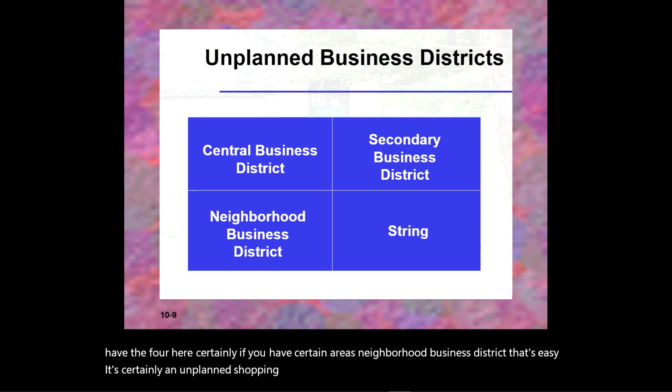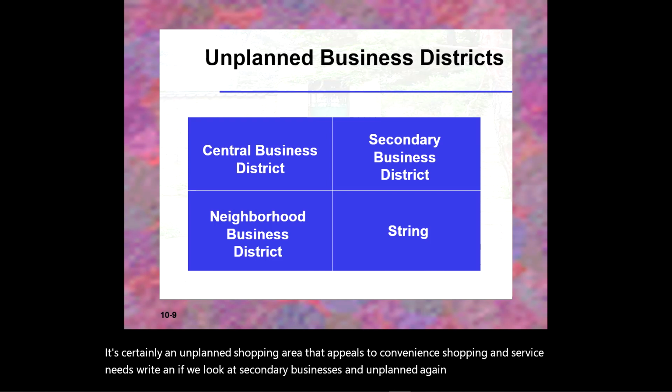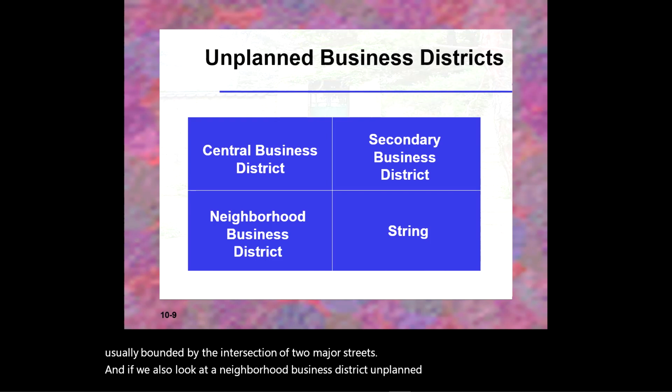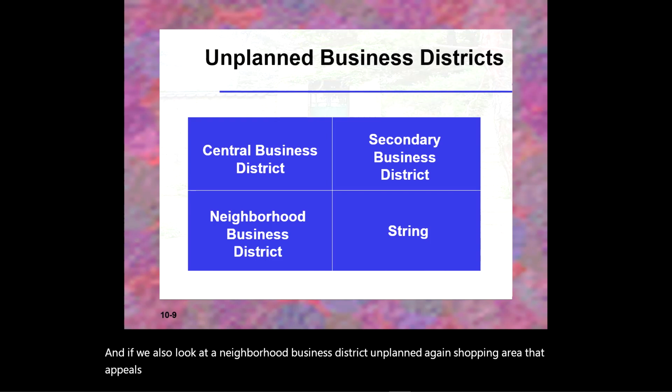It's an unplanned shopping area that appeals to convenience shopping and service needs, right? And a secondary business district is unplanned, again, in a city or town that is usually bounded by the intersection of 2 major streets. And a neighborhood business district is an unplanned shopping area that appeals to convenience and service needs of a single residential area.